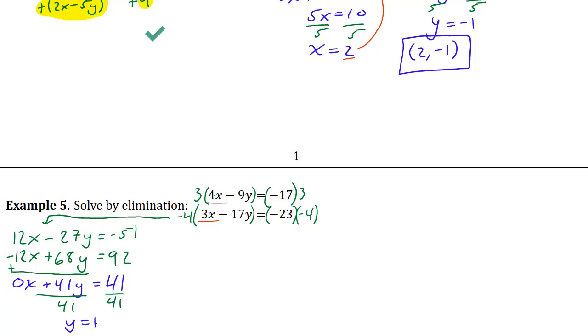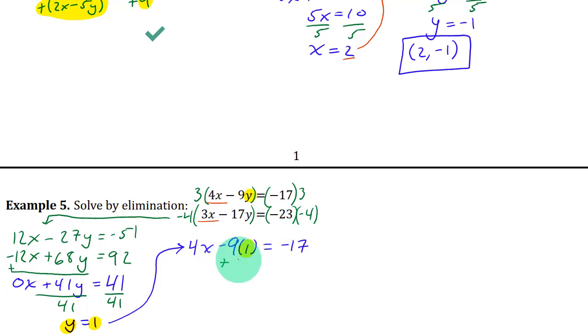And once you have y equals 1, you can plug that 1 into one of these other equations. Let's say I'm going to replace this y here with 1. So that's going to look like 4x minus 9 times 1 equals negative 17.